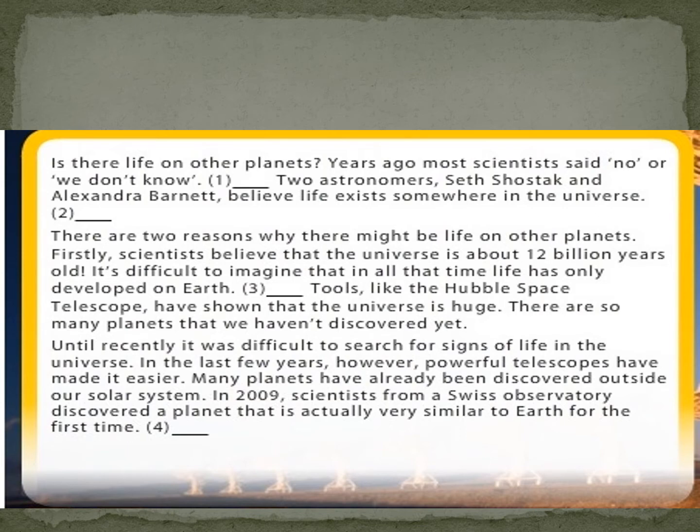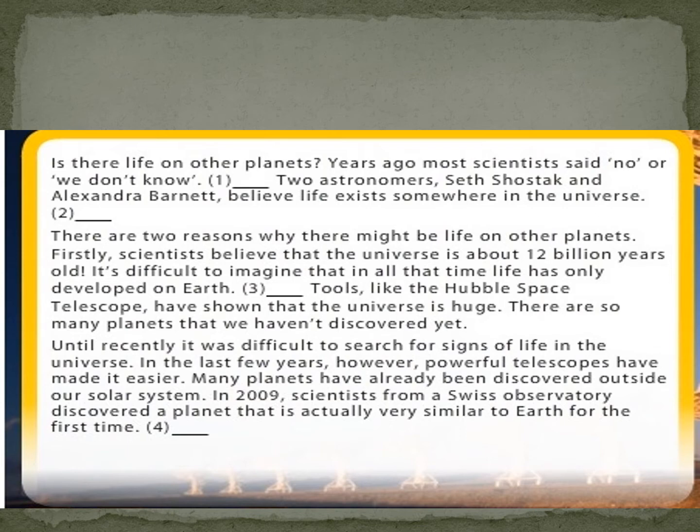There are two reasons why there might be life on other planets. What are they? Firstly, scientists believe that the universe is about 12 billion years old. It's difficult to imagine that in all that time, life has only developed on Earth. 3.